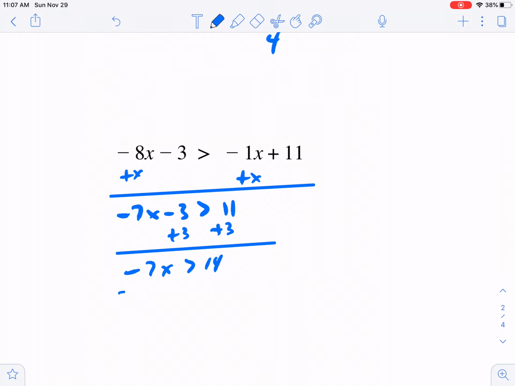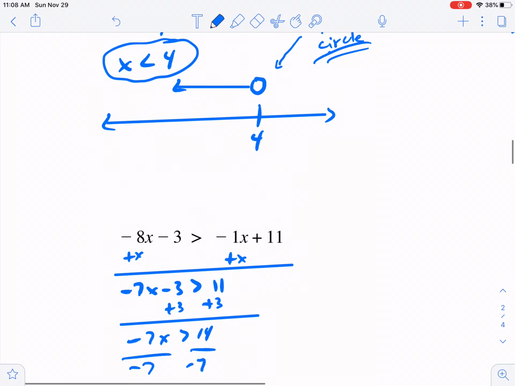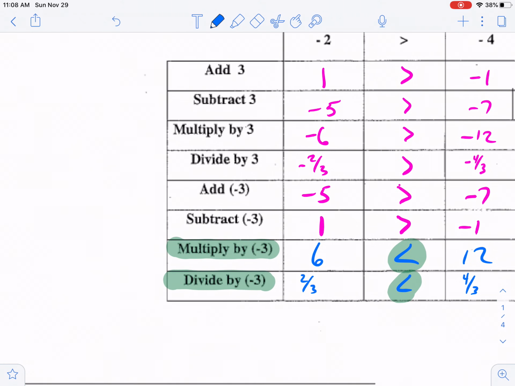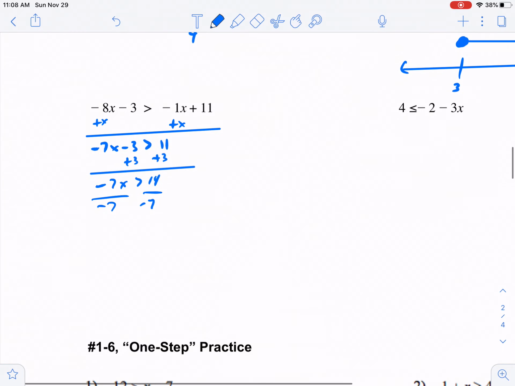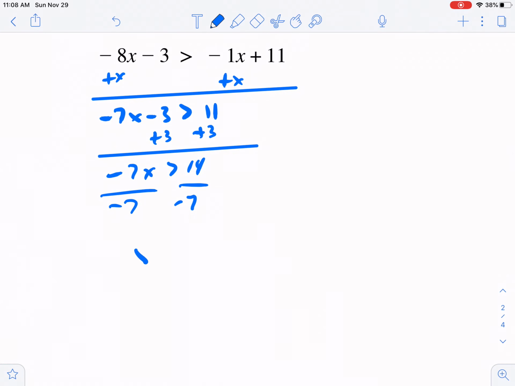I'm now going to divide by negative 7, and alarm bells should be going off. When I multiply or divide by a negative number, I'm going to flip the switch. So what you get is x is less than negative 2. So I make a number line.